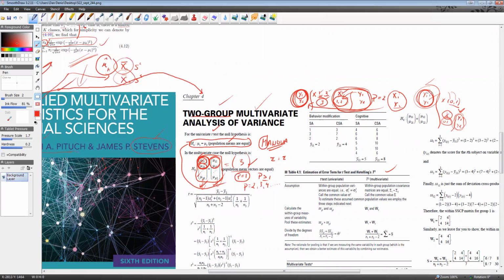Well, if I only have a single response, and a binary independent variable, I have a t-test situation, right? Are there mean differences on y1 across 0 and 1?